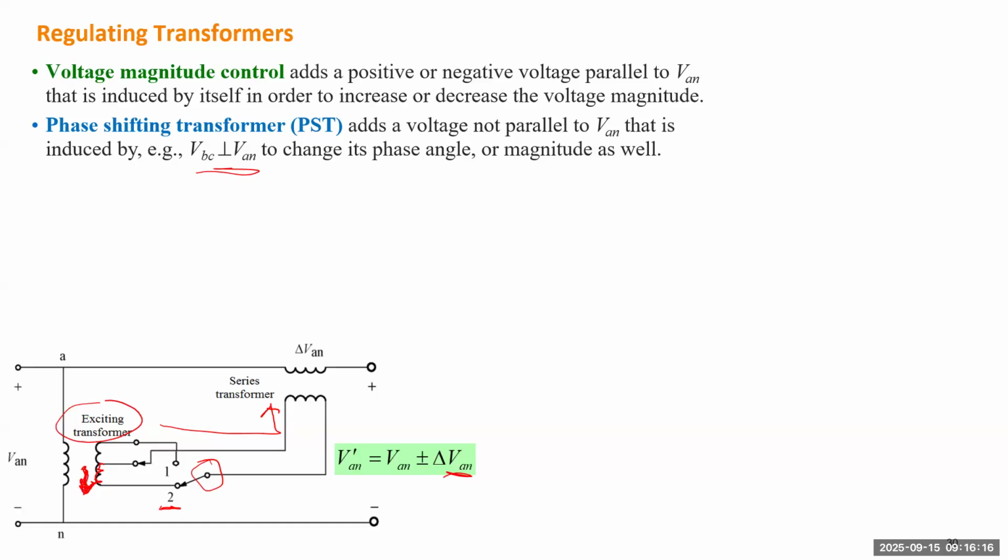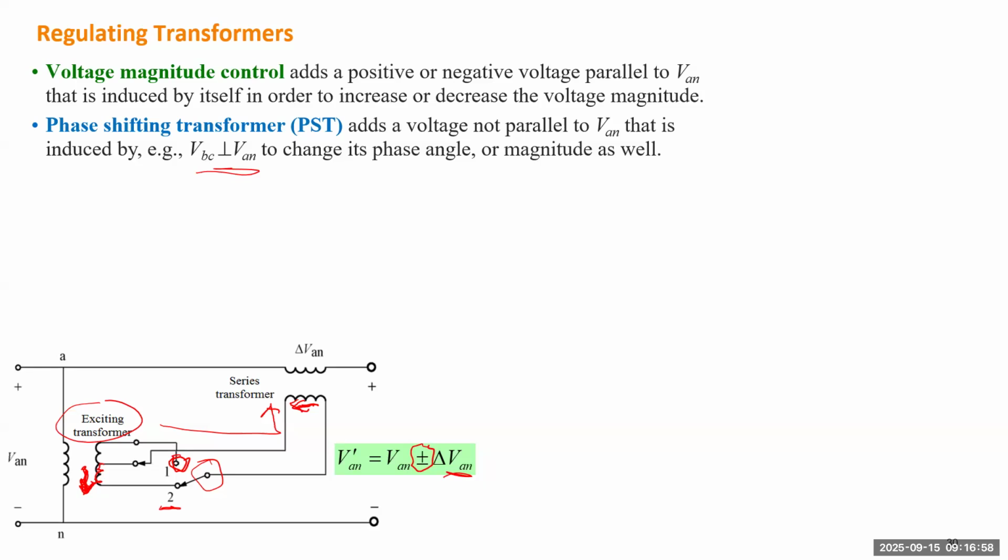So it should give that voltage to the transmission line and cancel the original voltage. If we move up to tap position number 1, it will induce voltage in the same direction. So by changing between position 1 and 2, you can decide to either increase voltage or decrease voltage.